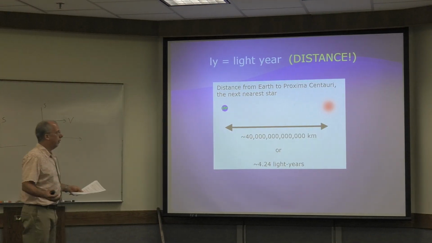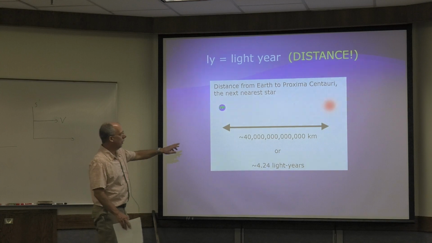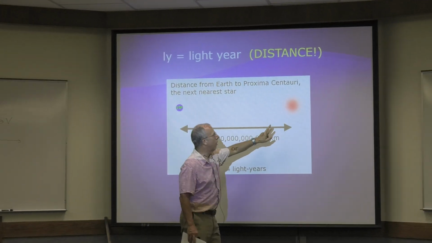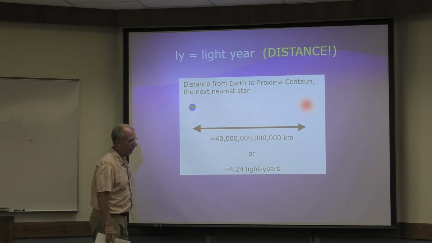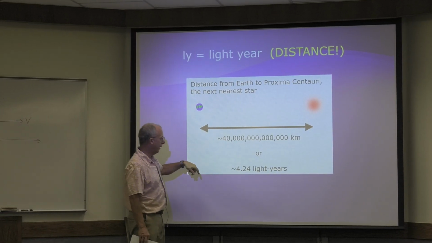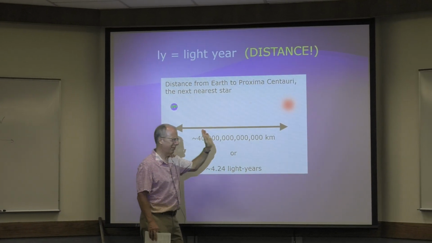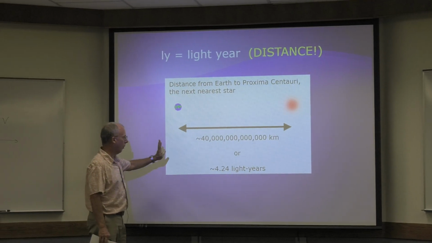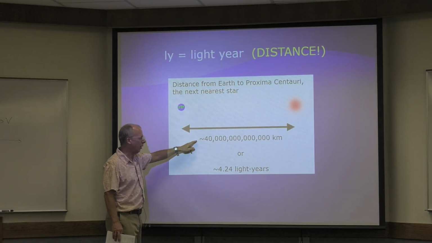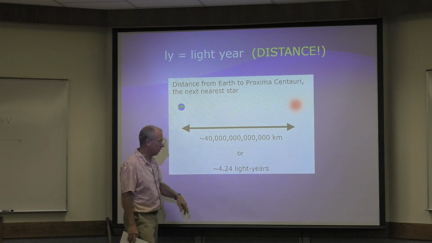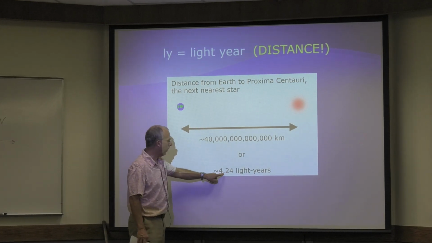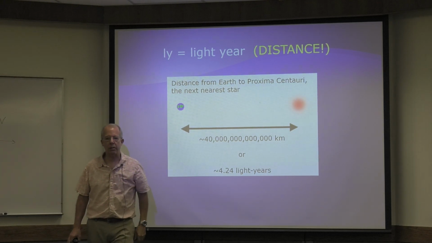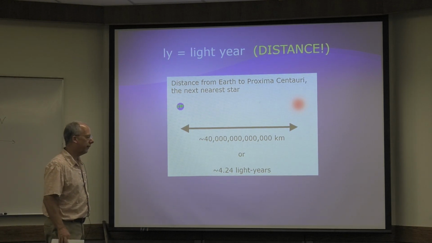So here's an example. The distance from Earth to Proxima Centauri, which is the next nearest star other than the sun, how many kilometers is that? Well, ridiculous, right? And so astronomers don't deal with kilometers, they deal with light years. So we know that this star is about 4.24 light years away from Earth.